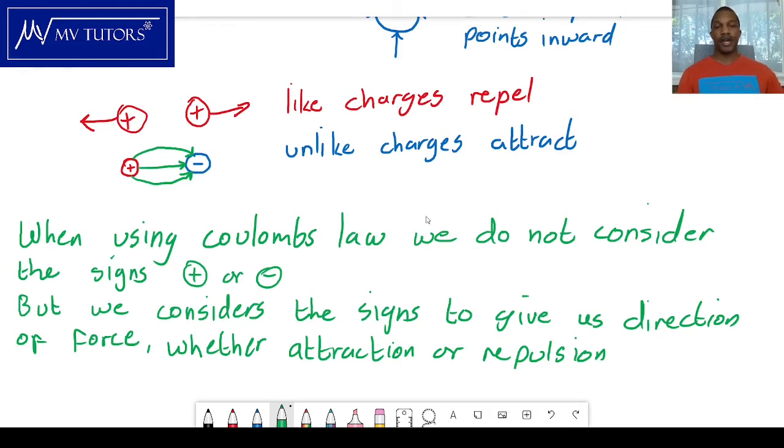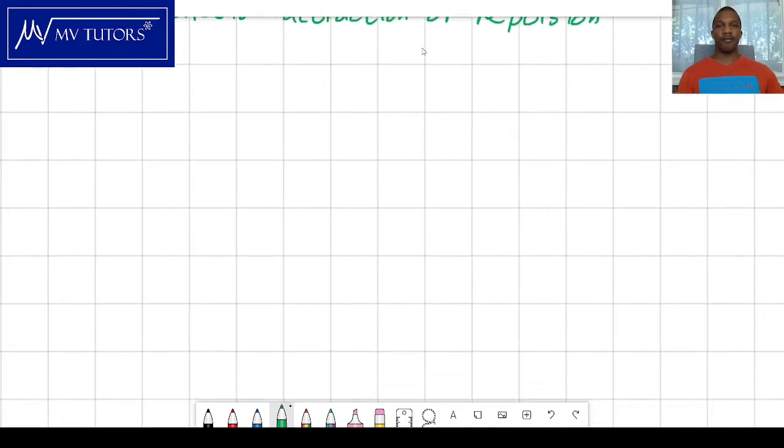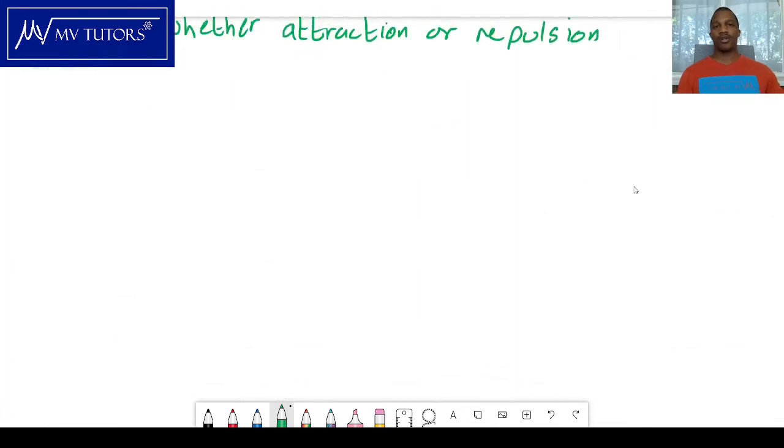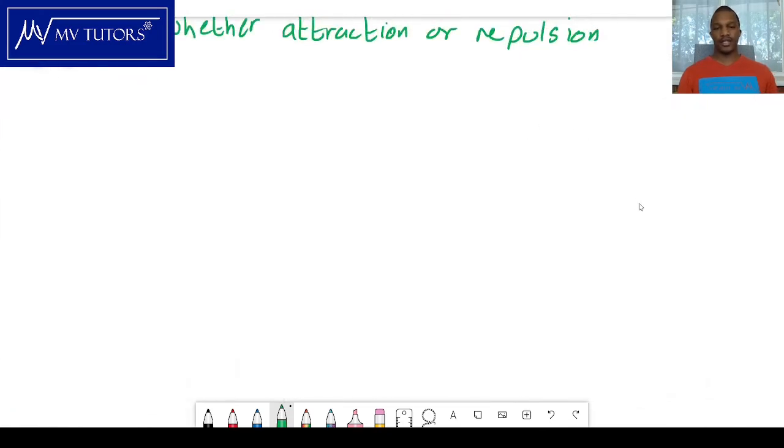Okay, now let's speak a little bit about another principle that we need to understand when we're talking about electric fields.